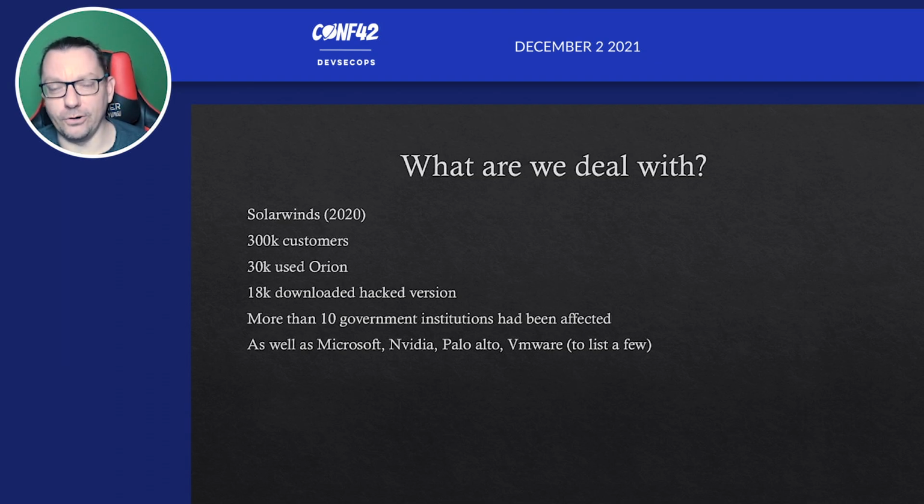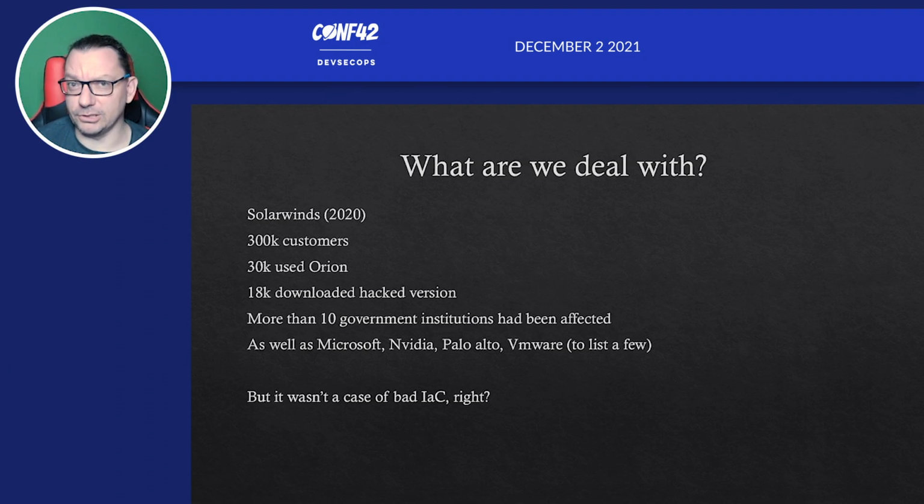Orion was the first, and half a year or 1 year later, they had another issue, right? Now you can say, all right, but it was not about infrastructure as code. Okay, I agree, but this is what we deal with, and this is one of the elements of the puzzle.